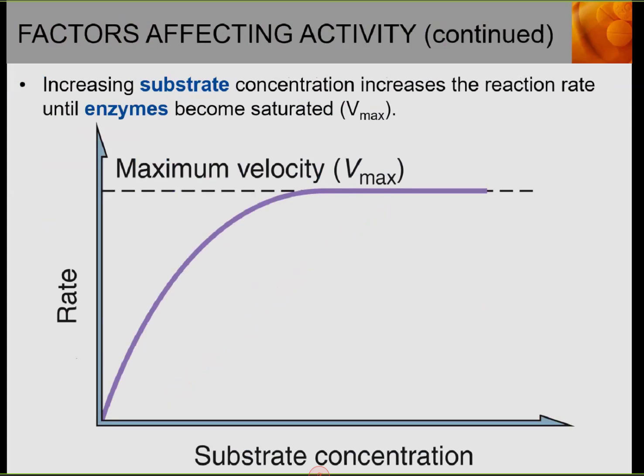The second is you get a rate increase when you're increasing the amount of substrate. It begins to look like the previous chart, where more substrate yields a faster and faster rate of reaction.